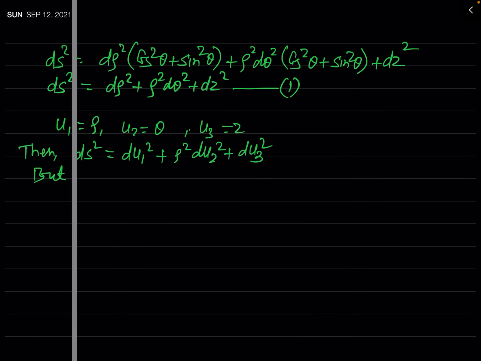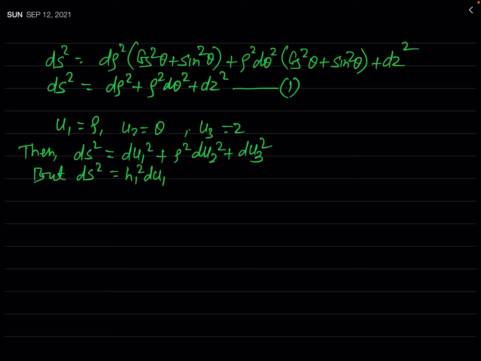So you can say in general, ds square in any orthogonal curvilinear coordinate system is equal to h1 square du1 square plus h2 square du2 square plus h3 square du3 square. When you compare these two results, you can see what the values of the scale factors h1, h2 and h3 are.